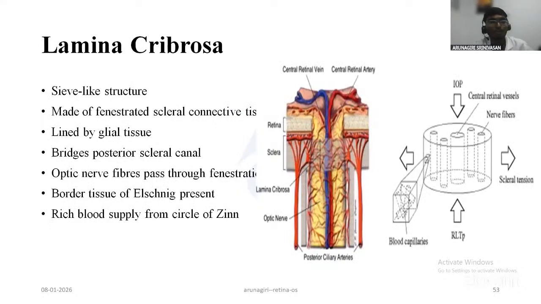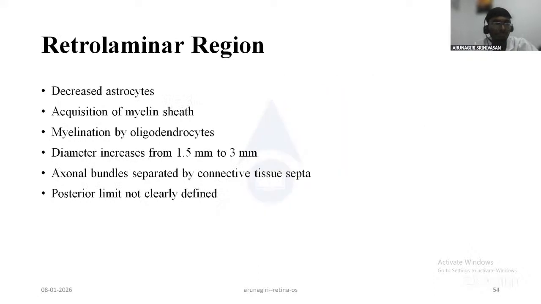Border tissue of Elschnig is present, with rich blood supply from the circle of Zinn. Retrolaminar region: decreased astrocytes, acquisition of myelin sheath, myelination by oligodendrocytes, diameter increases from 1.5 mm to 3 mm, axonal bundles separated by connective tissue septa, posterior limit not clearly defined.